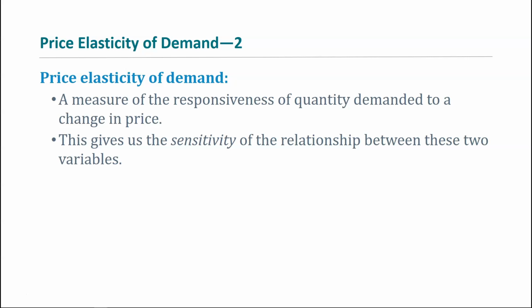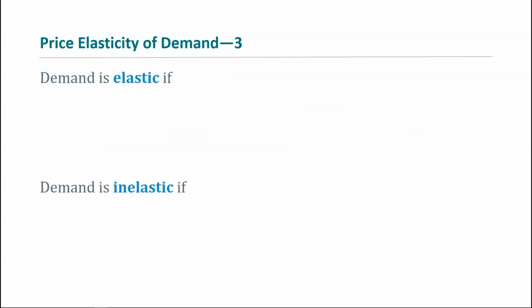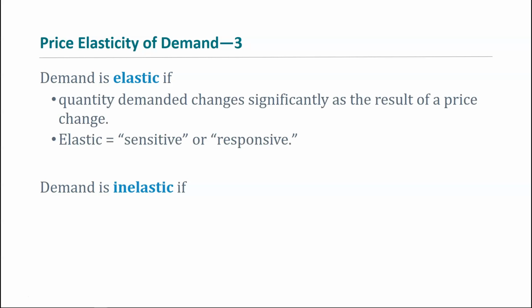So back to price elasticity of demand. Price elasticity of demand gives us a measure of the sensitivity of the relationship between price and quantity demanded. And we're going to say that demand is elastic if quantity demanded changes a lot as the result of a price change. Elastic means sensitive or responsive.